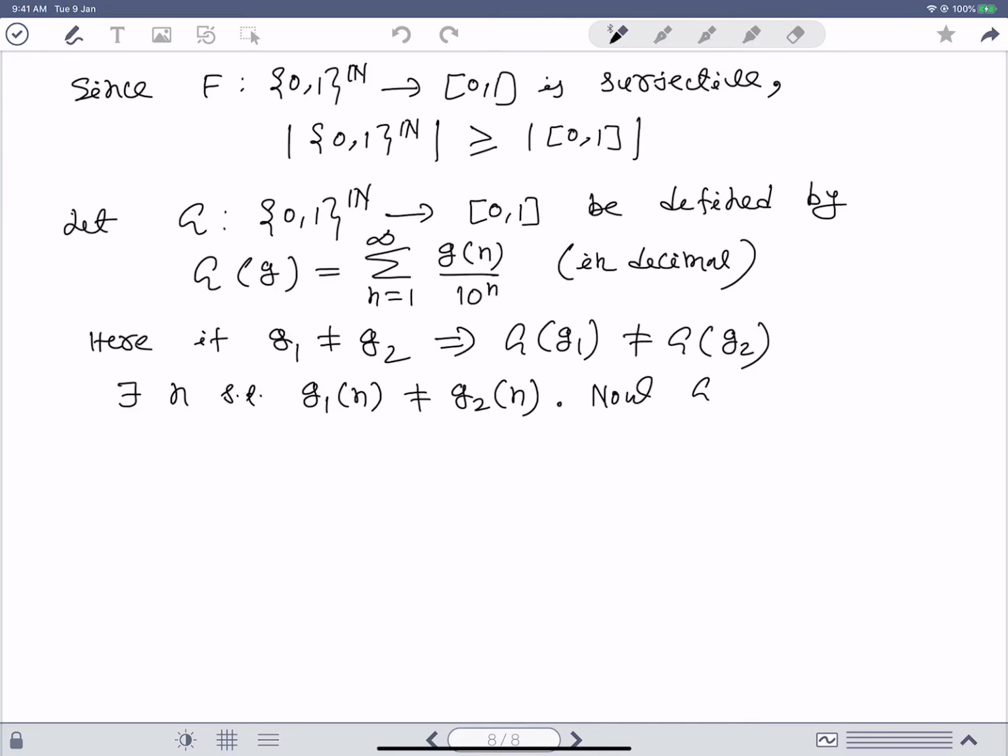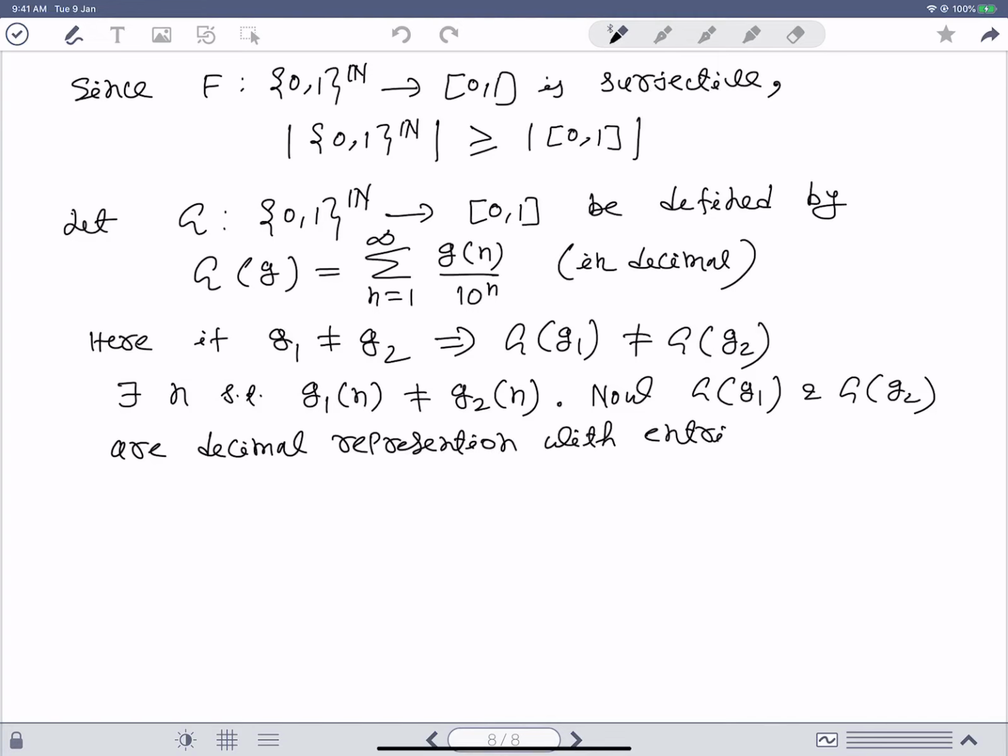Now g(g1) and g(g2) are decimal representations with entries 0 and 1. Remember that it is a decimal representation with the entries 0 and 1.